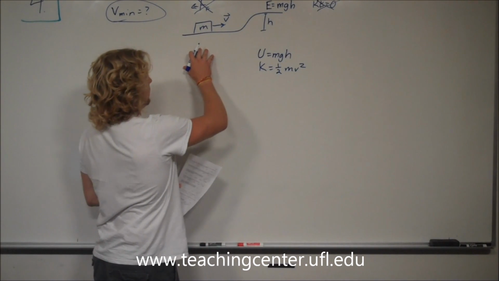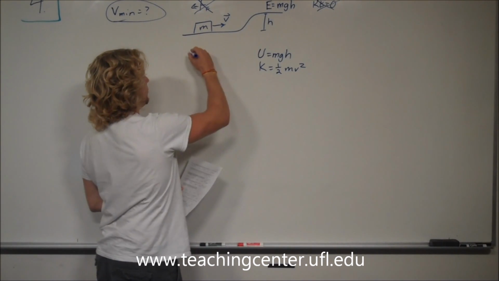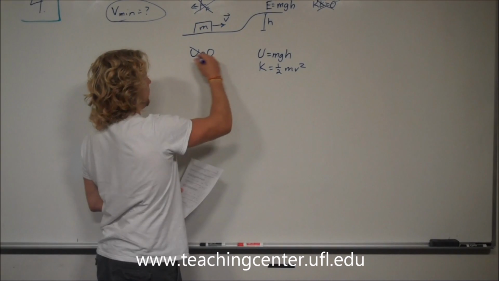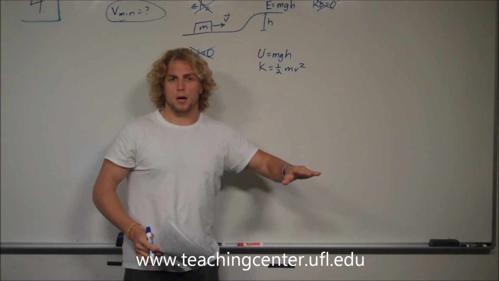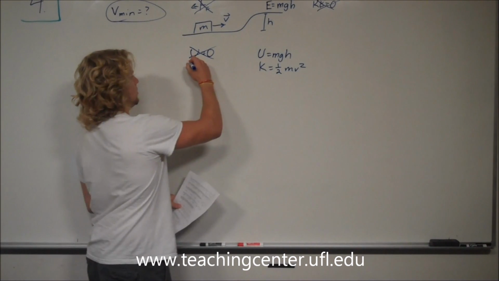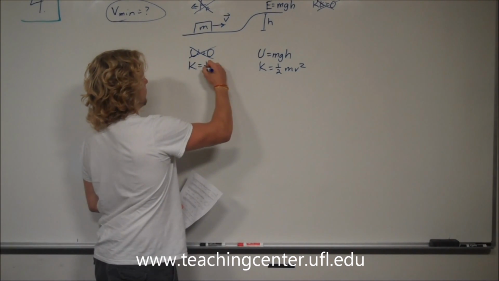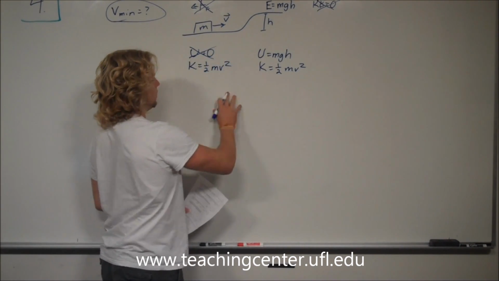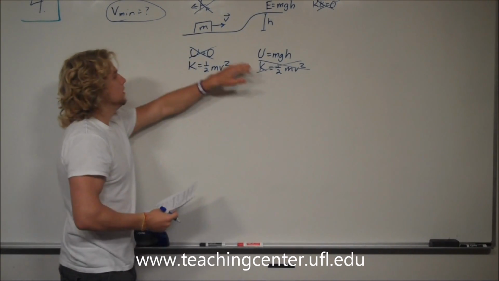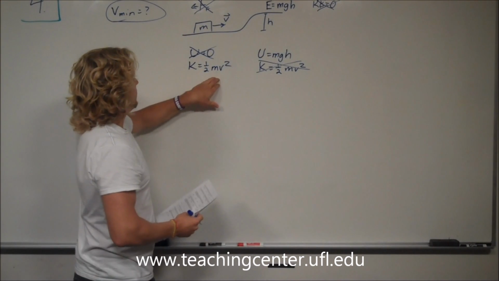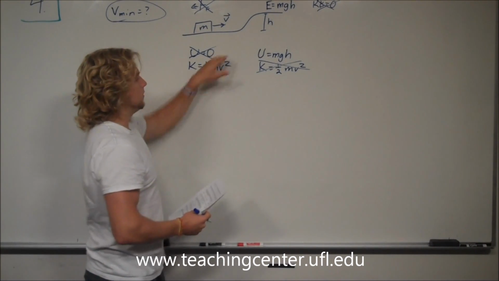Alright, so over here we're going to go ahead and assume there is no potential energy because it's at the bottom. So it only has kinetic energy, and that's equal to 1/2 mv squared. Okay? So this doesn't have any, but it has this. This has some, but it doesn't have this.